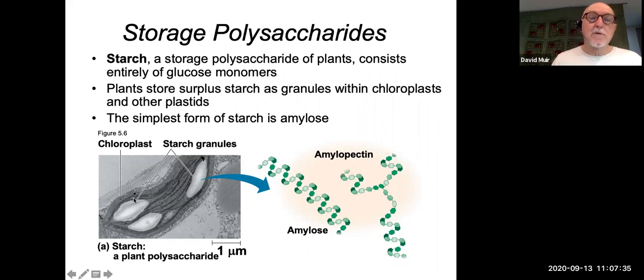Eventually, this chloroplast will be packed with starch, and it then just forms a little storage. The photosynthesis stops, and it forms a storage organelle. It's packed with starch. And the plant cell, by the way, has a gazillion chloroplasts.